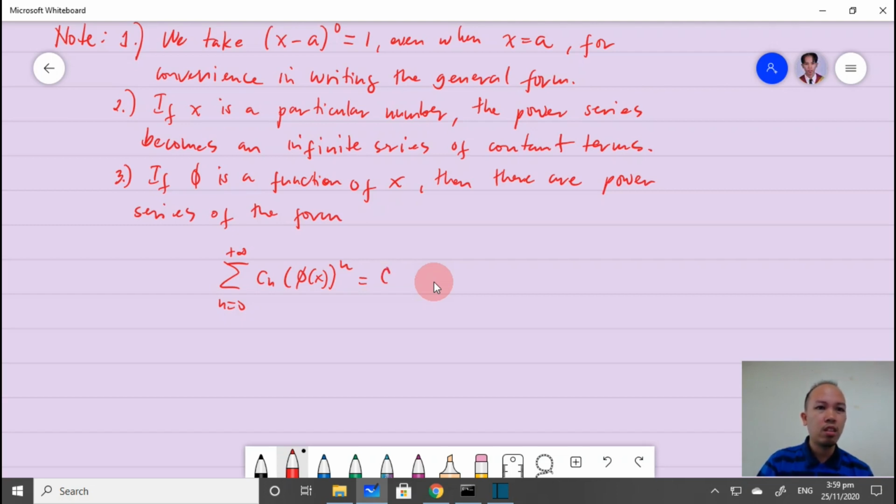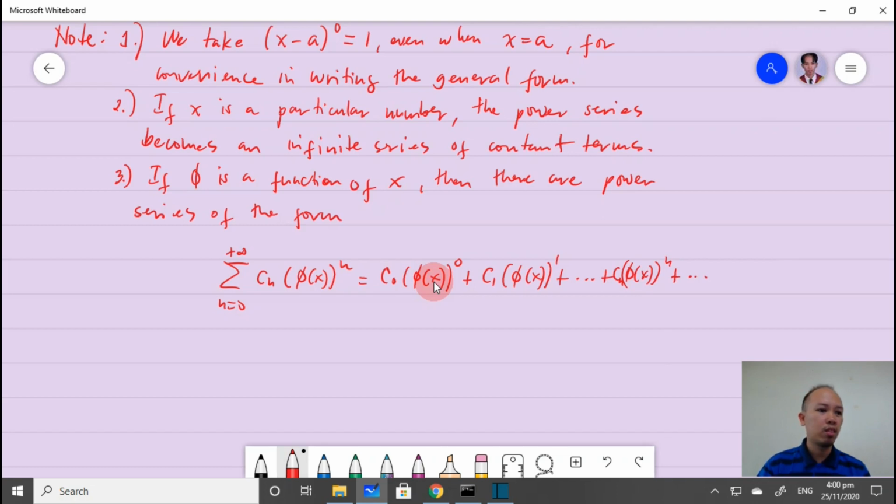If you expand this, c sub 0 phi of x to the power of 0 plus c sub 1 phi of x to the power of 1, and so on and so forth up to c sub n phi of x to the power of n, plus and so on.